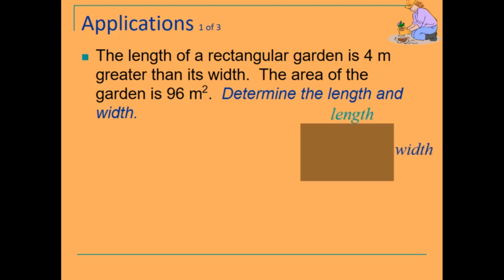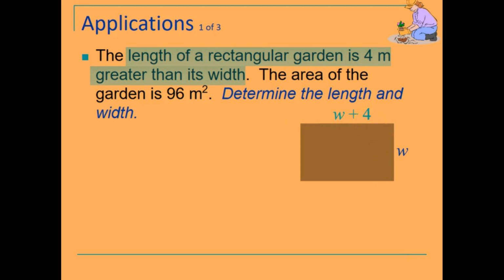We're trying to determine the length and the width, and since they talked about the length in terms of the width, we're going to let the width be our single variable. Then, to describe the length, using the information identified in the problem, it tells us that it is 4 greater than its width. So we'll take our width and add 4 to it.